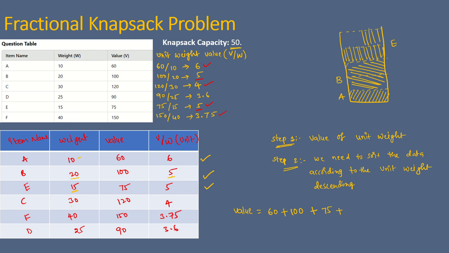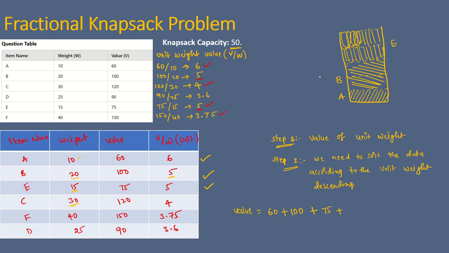How much quantity is available? C item 30. Can I pick this 30 out of 30? No. So is it fractional or non-fractional? This is fractional. So from 30 I can take only 5 units of weight. So those 5 units of weight are going to be filled at this place.